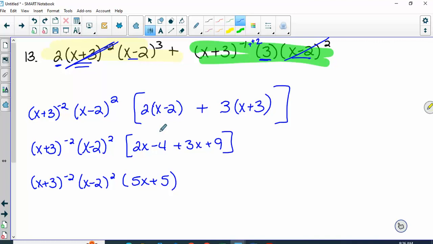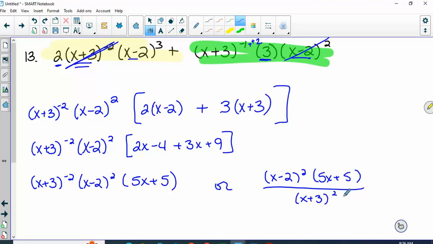You could write it as a fraction. So either way, I'm not going to care, but I just want you to understand there's a lot of different ways you might write your final answer there.